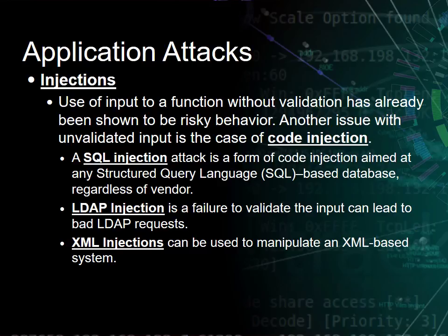Proper input validation is important before passing the request to an LDAP engine. XML injections can be used to manipulate an XML-based system. As XML is nearly ubiquitous in the web application world, this form of attack has a wide range of targets.